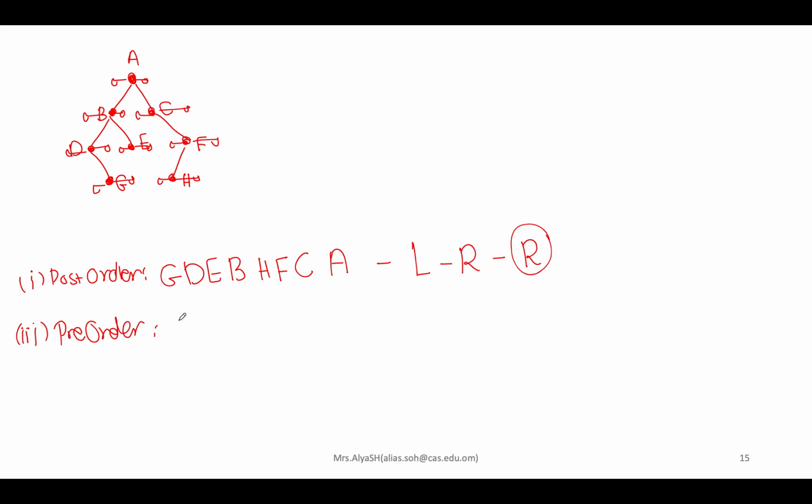So we will start with the root A, B, then D, G, E. Then we continue to C, F, H. So in pre-order, we start with root, then left, then right.